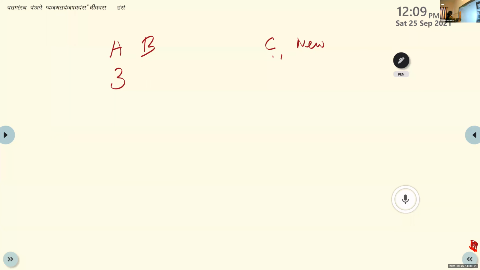Three is to 1. Old partners 3:1. New partner 1/7. Next question, 2:3. New partner 2/7. Shubham, mute.